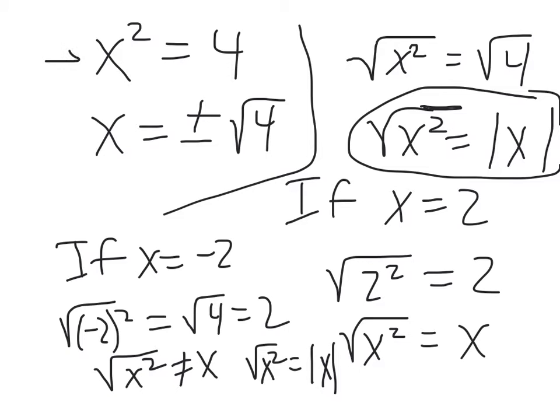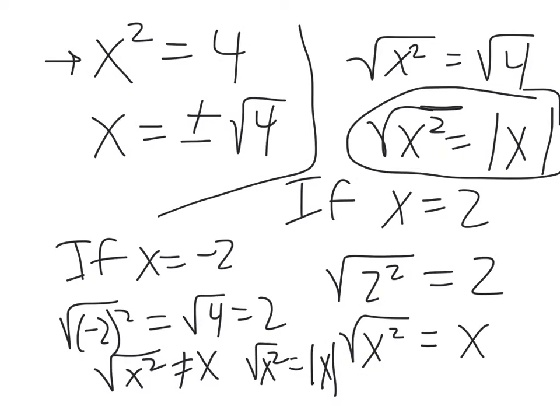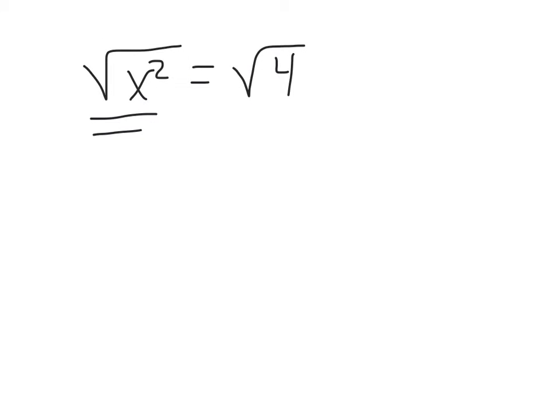Now, the square root of x squared equals the square root of 4. So technically, we would have to say this would be the absolute value of x equals, well, square root of 4 is 2. And then the absolute value of something can be either the positive or the negative value.